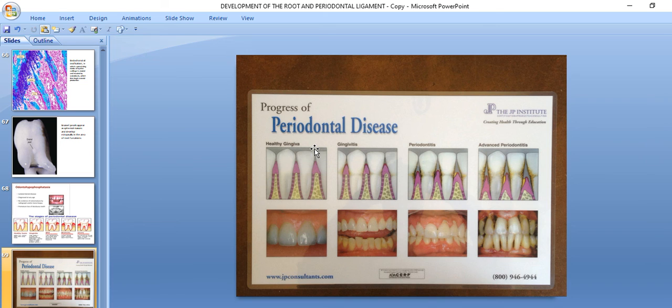These products result in the destruction and loss of periodontal ligament tissue and adjacent alveolar bone.